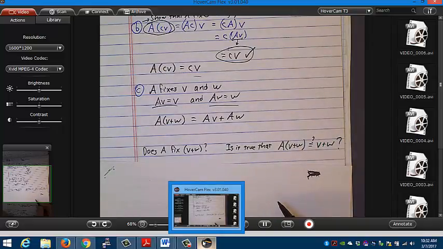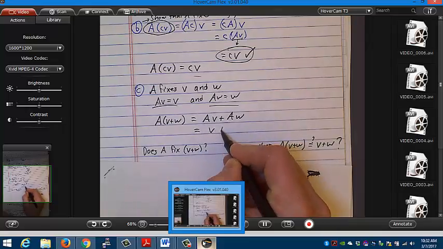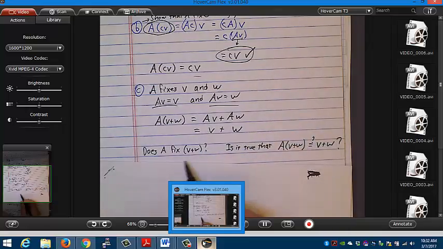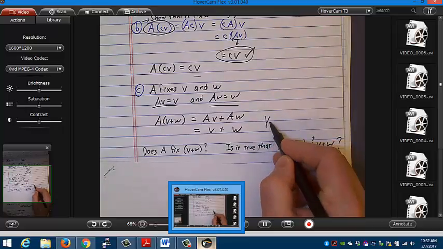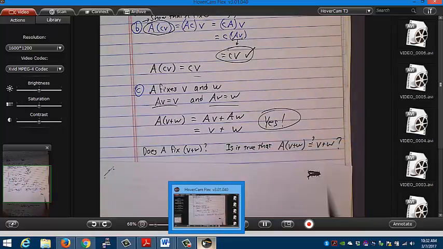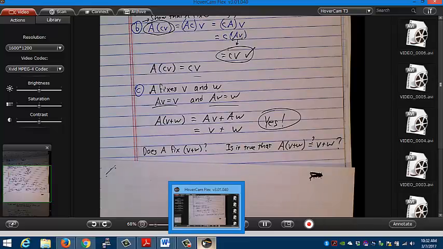AV equals V. Same for the other. So to answer the question, does A fix V plus W? I would say yes. Okay. So this proves something here. We just proved something, although they didn't say it.